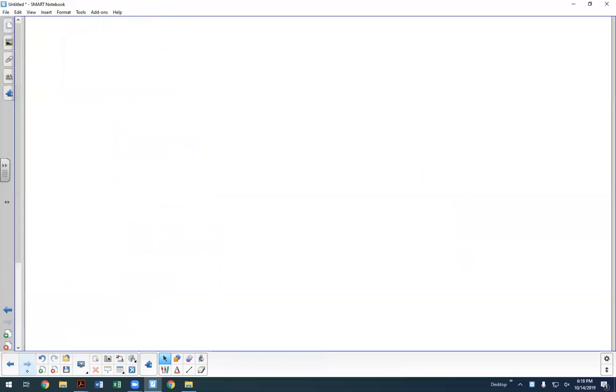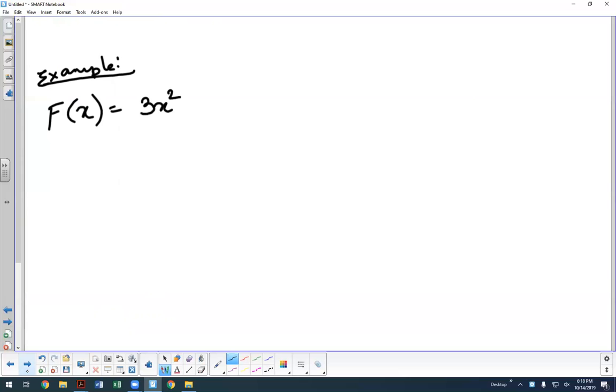So let me give you one more example for this composition. So let's do cube root of 3x squared plus 1.